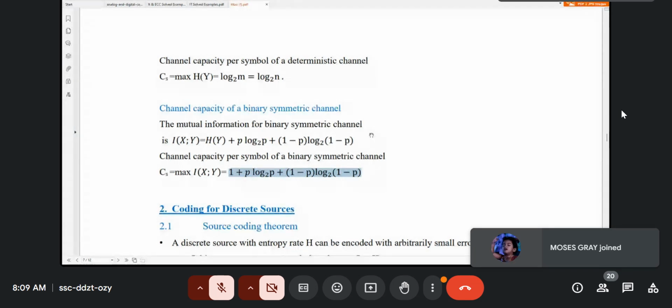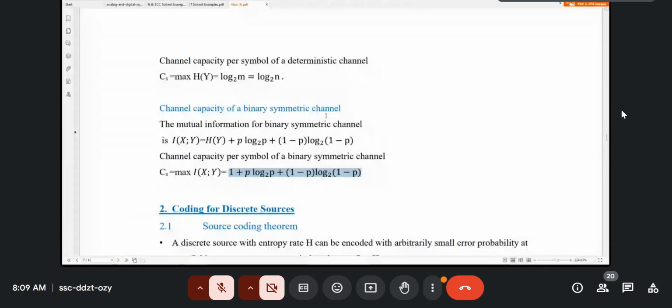It's covered very well in the textbooks, but from the theory we have covered, you can establish that the channel capacity per symbol, which is the maximum of mutual information, is given by this. Once you get this, the next thing is to show that the output entropy is equal to 1 when you have the maximum channel capacity.